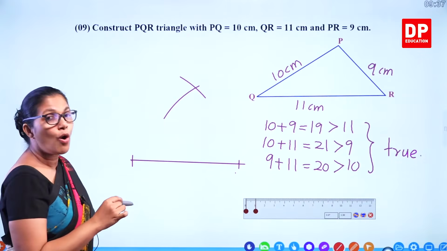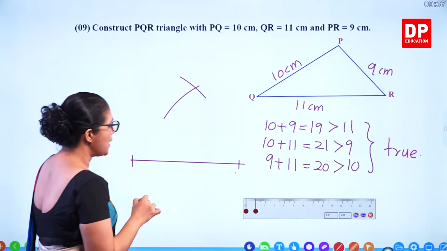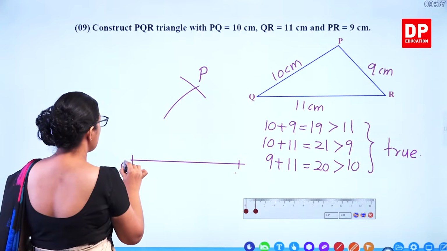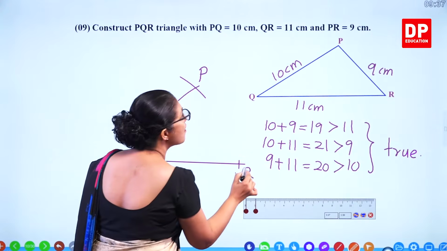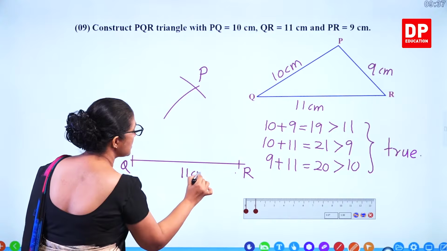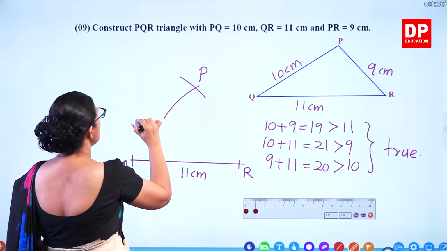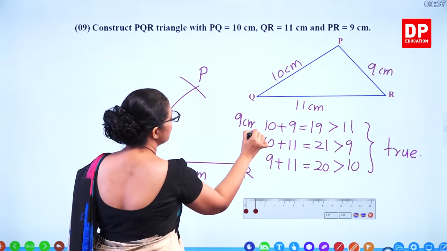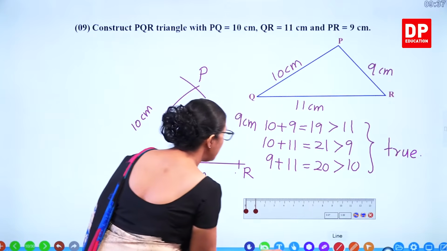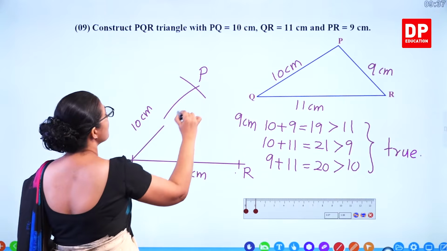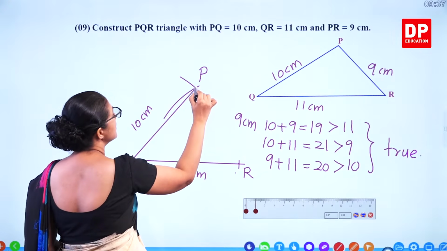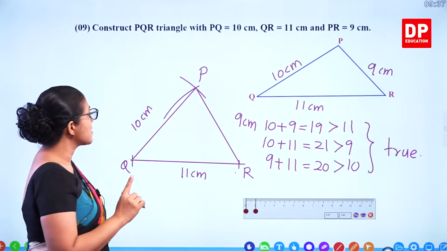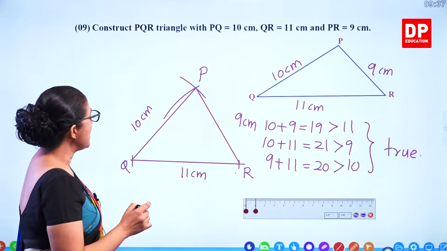Now we have all 3 points P, Q, R. So this is P, this is Q, and this is R. 11 centimeters, here 10 centimeters and 9 centimeters. We'll connect with the ruler, here to here, here to here. So that's a scalene triangle PQR.